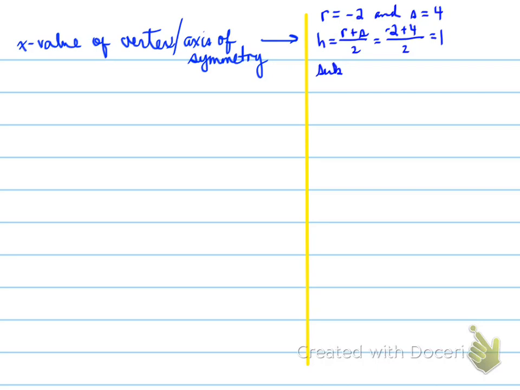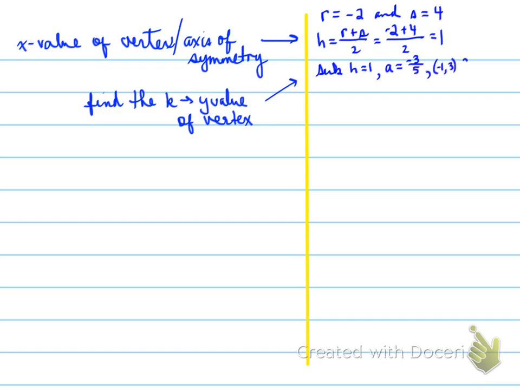Now, in order to find the k value, we have to sub. What are we subbing? So we now need to find the k value of the vertex, which is the y value of the vertex. And to do that, we sub h equals 1, a equals -3/5, which we had found earlier, and -1, 3 for the point x, y into the vertex form of the equation.